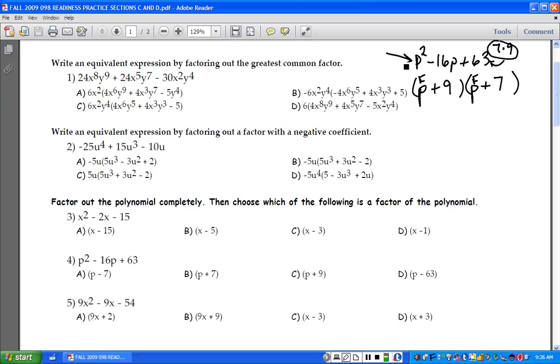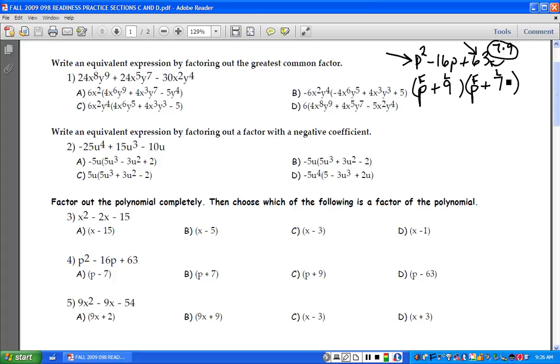P times P gives you P squared. Then we say our last times our last has to give us our last in our trinomial. So 9 times 7 gives us 63. So we're actually finished, but we're not sure if we're right. We finished the problem, but we have to check it to make sure it's right.